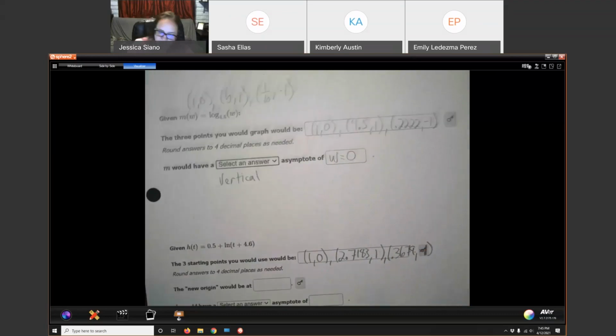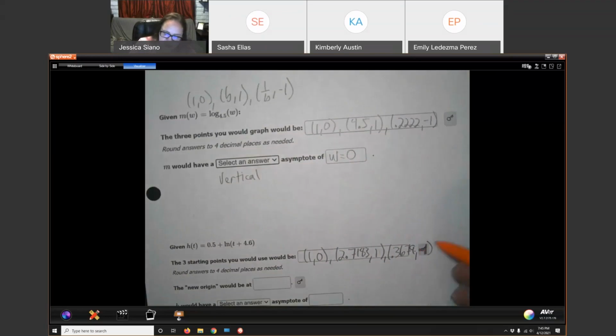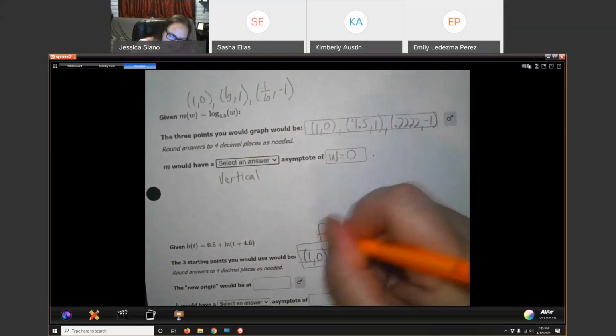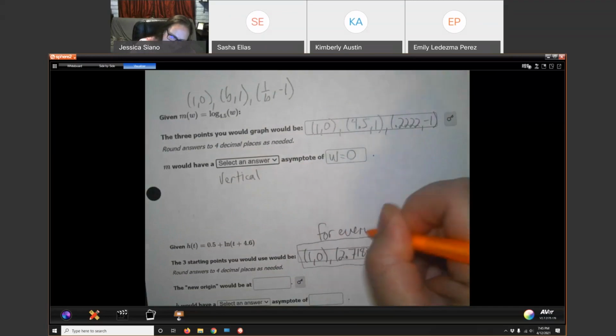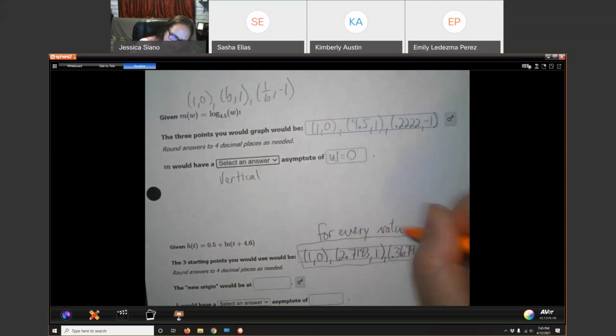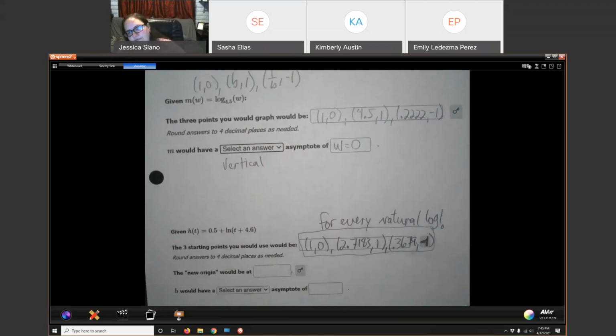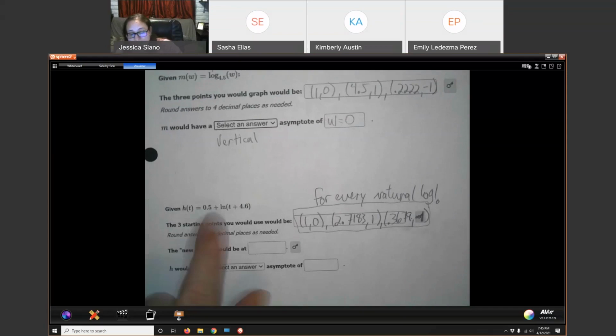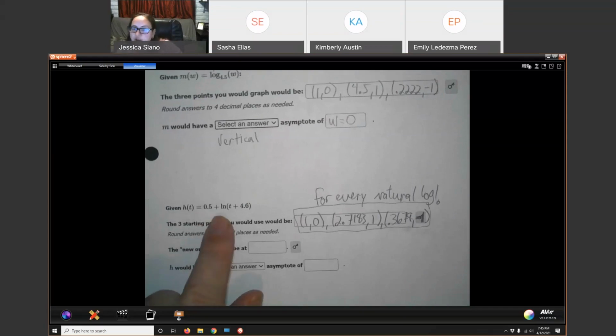And now I want you to make a note for yourself that it is these 3 points for every natural log. So it doesn't matter what's happening to your natural log.